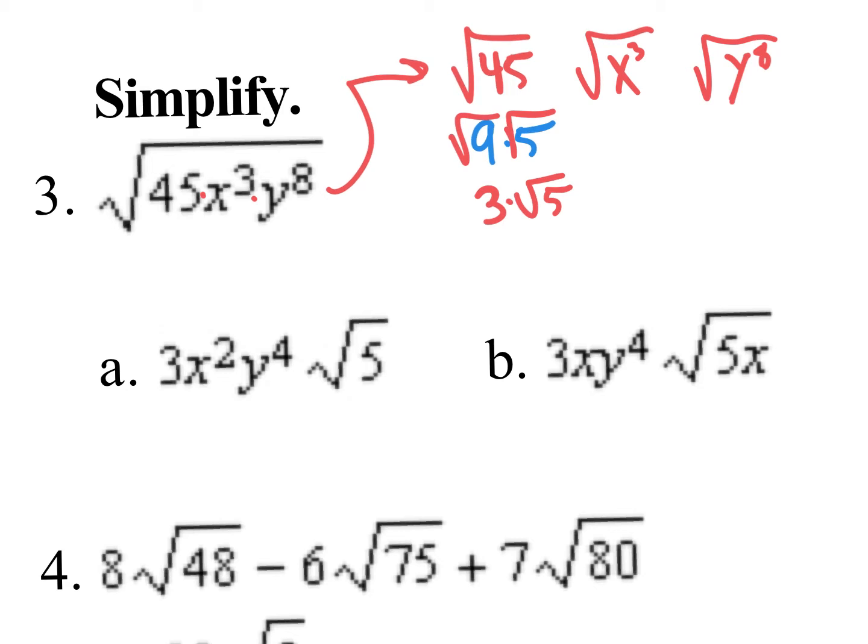Anyway, on this next portion, we need to remember the fact that, and let me write it over here, the square root is really the power of 1/2. Okay, the 3rd root would be the power of 1/3. The 4th root would be the power of 1/4. So if you're dealing with a square root, we would love this power to be divisible by 2.